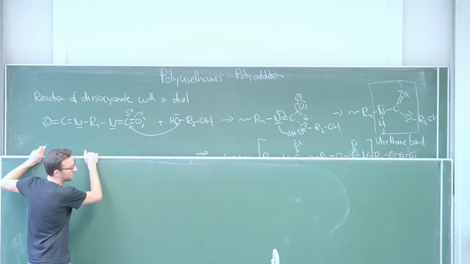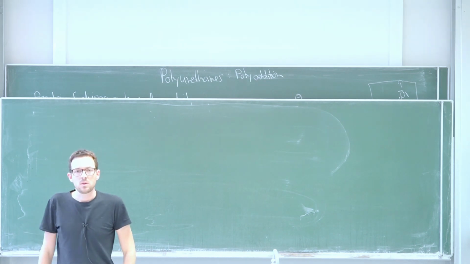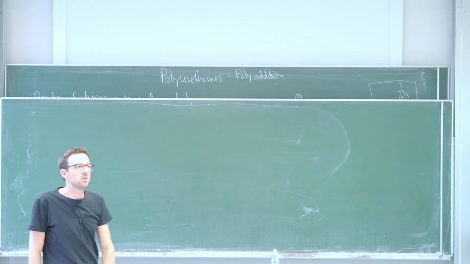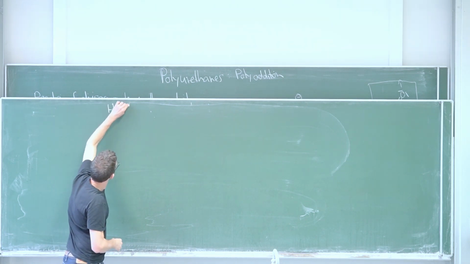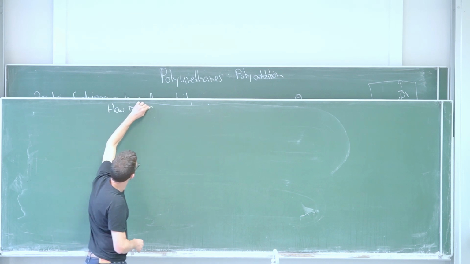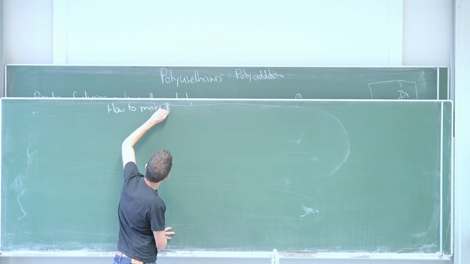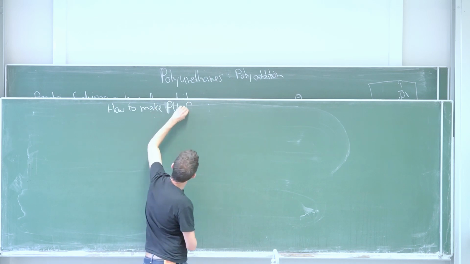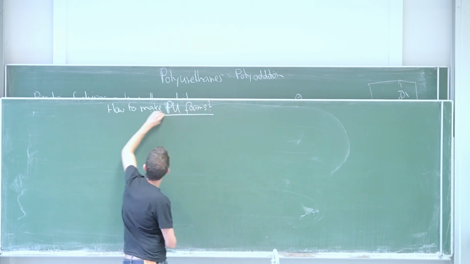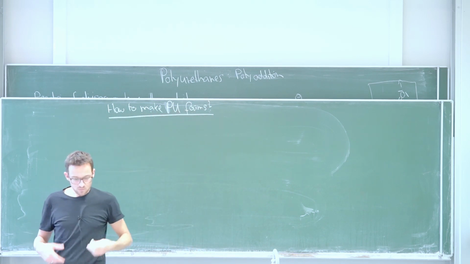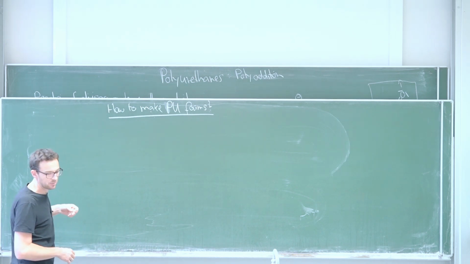Now the next question that imposes itself is, how does the foam get into the material? Okay, and this is also hidden in the chemistry of polyurethanes. And what we see is, let me just write this down again.